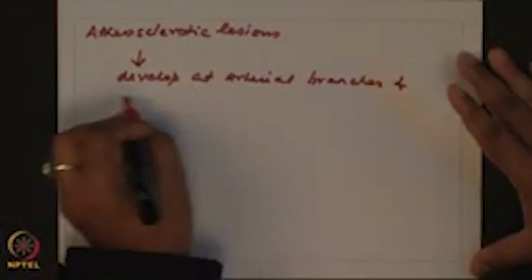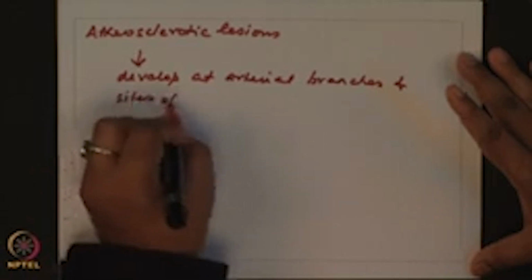And intriguingly, people have observed that atherosclerotic lesions are typically localized; they develop at arterial branches and sites of curvature.